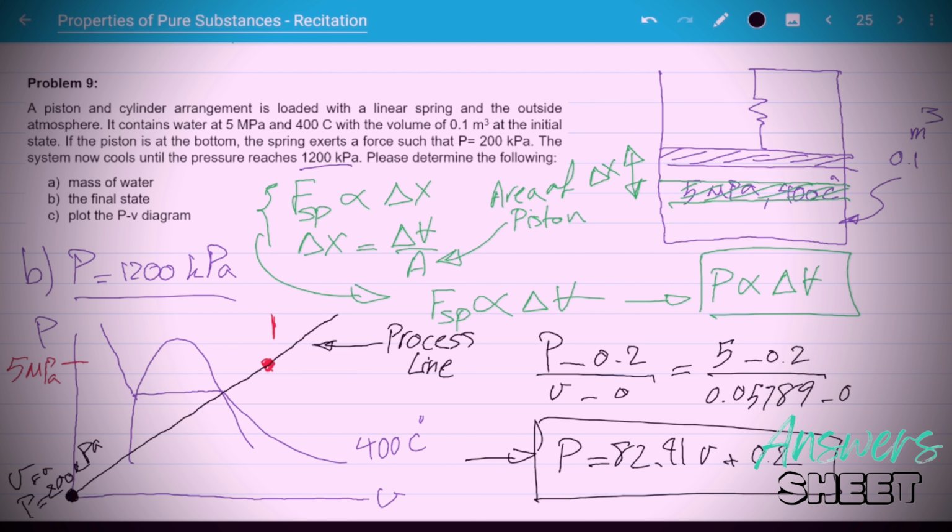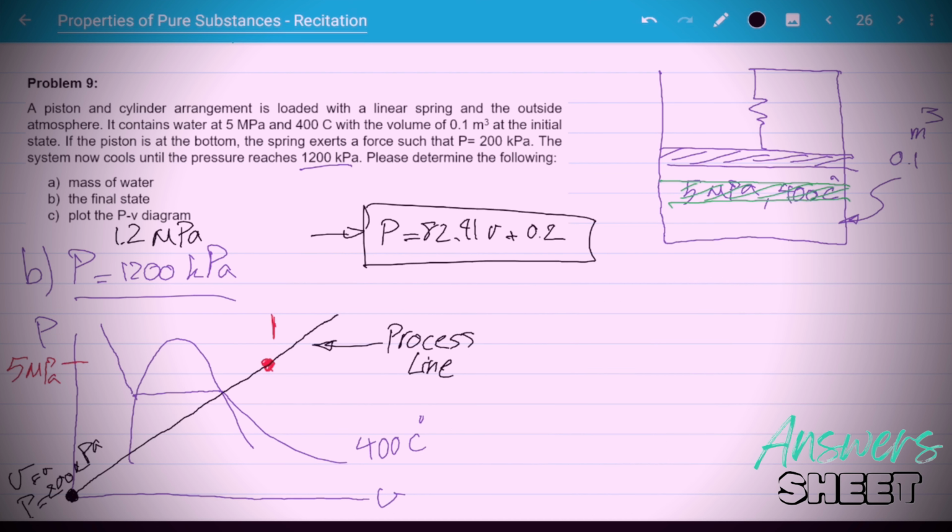Now at state 2, we know that the pressure is 1200 kilopascals or 1.2 megapascals. If I plug in the pressure in our equation, we can find the specific volume at state 2. Let's do that. Okay, so I cleaned up the calculation space. I'm going to say P is 1.2 megapascals.